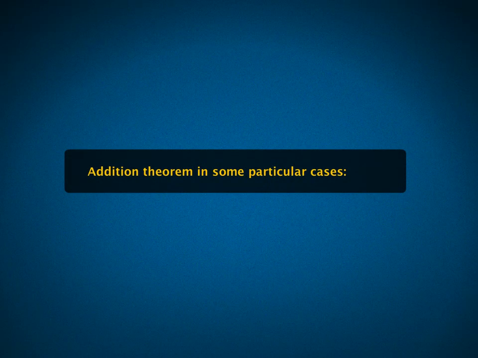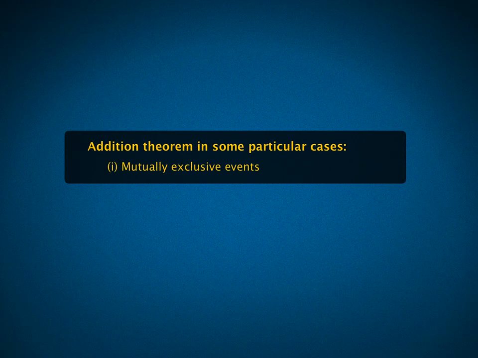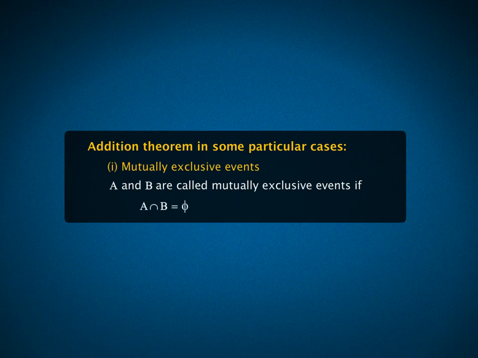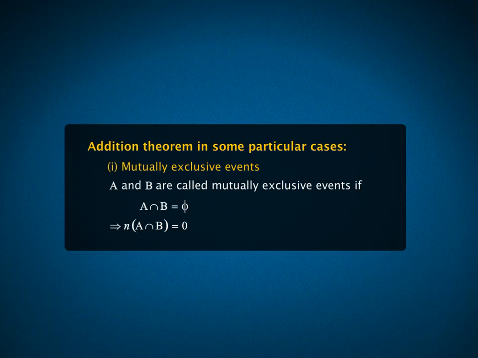Let us discuss the addition theorem in the case of some particular types of events. Recall that two or more events are said to be mutually exclusive if the occurrence of one of the events prevents the occurrence of the other. So, A and B are called mutually exclusive events if A and B don't have any element in common. In other words, the number of common elements in the set A intersection B is 0.